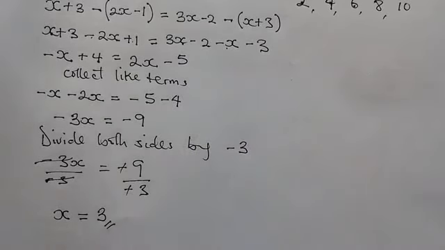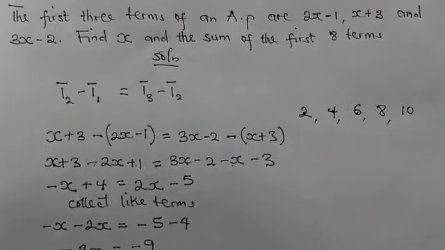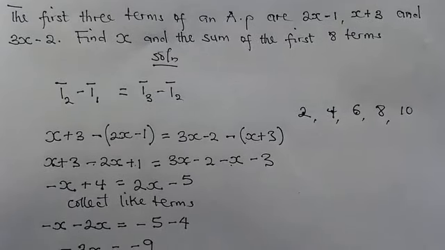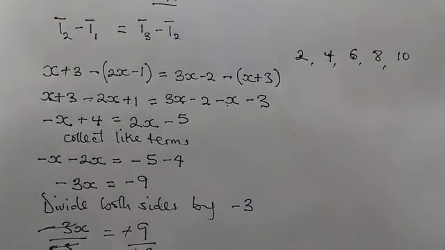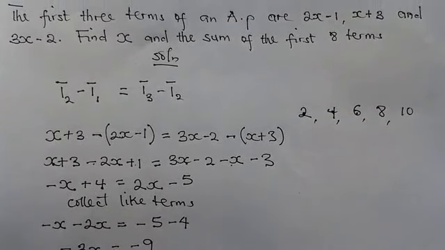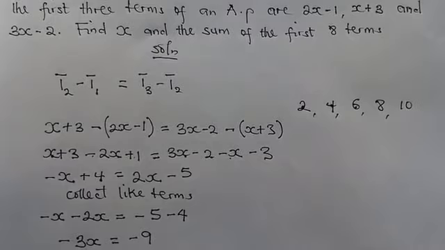So now that we've gotten the value of x to be 3, we need to know what our first term is and the common difference before we can find the sum of the first 8 terms as requested in the question above. So we'll substitute the value of x into the first term, the second term, and the third term to get that sequence.